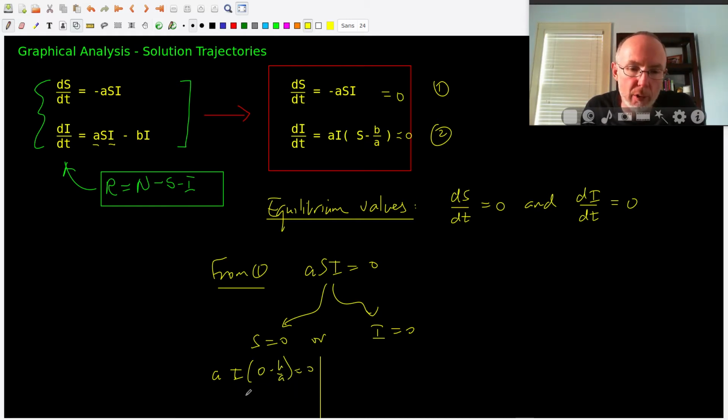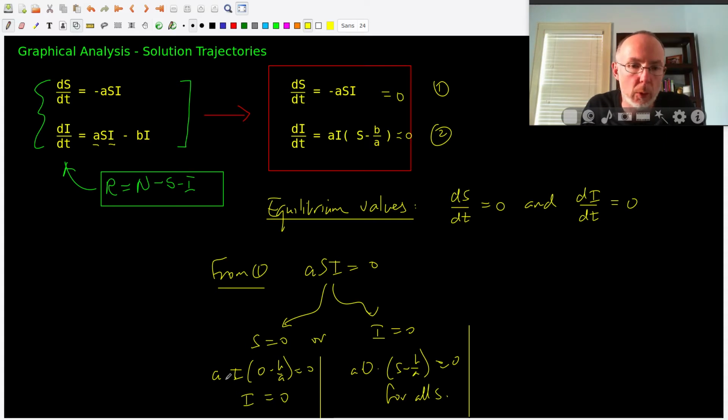A and B are non-zero constants, so the only possibility there is that I is 0. And then if I is 0, equation 2 tells us that A times 0 times whatever's in the brackets is equal to 0. So that's true for all S, right? So I equals 0 is a special case that makes both equations true.